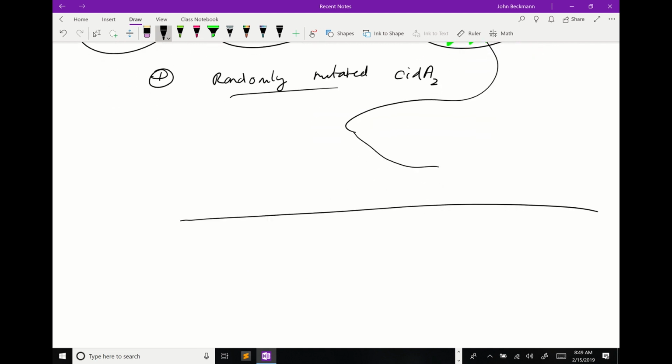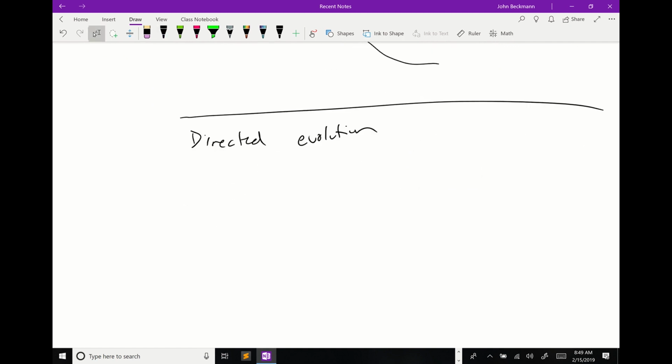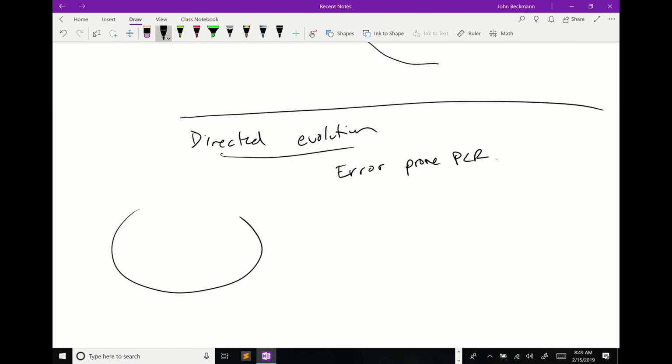Okay, I'm running out of time here, but this is an experiment that would be called directed evolution. And I wish I had more time to tell you how you would actually do this, but let's just do it quickly. You would do error-prone PCR. I told you there's some cases where we want the polymerase to make mistakes. Directed evolution is one of those.